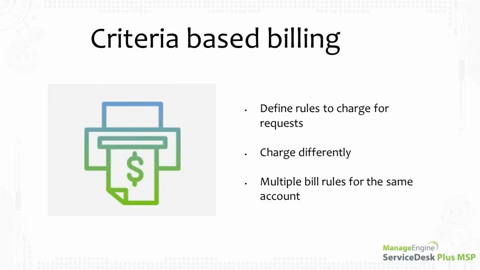Because we come across a lot of situations where, based on a particular criteria or particular situation, you're going to bill for a request for a particular client separately with different charges. So you need not juggle with identifying what kind of request this is and how much cost it has, by putting it on some Excel sheet.